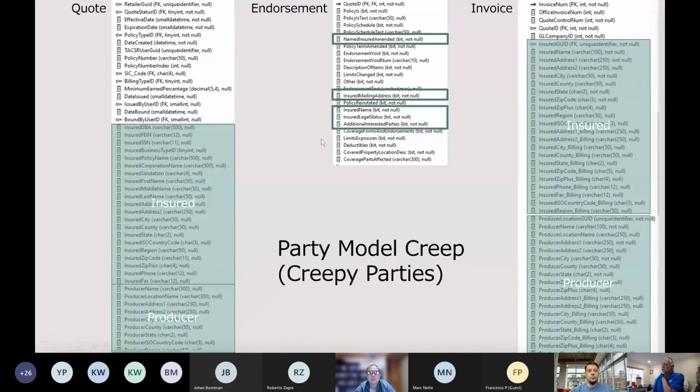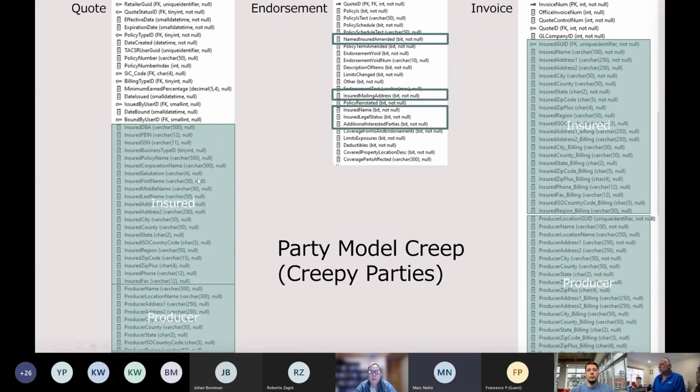You can see all of that data, the corporation name, the salutation, the names, the identification, going into the actual quote itself. When you see this happening, you start to see that they don't have a well-defined party model, and all the data is creeping all over.